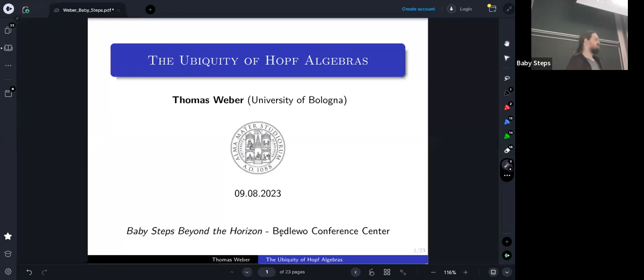His research interests include such topics as Hopf algebra, so probably no surprise, as you can see from the title of his talk already, but also representation theory, deformation quantization, Poisson geometry, and also topics more closely related to physics, like, for example, field theory, supergeometry, and renormalization. So, Thomas, the floor is yours.